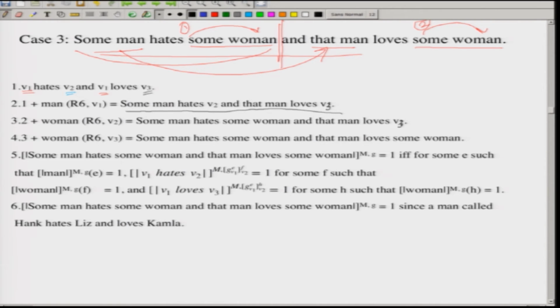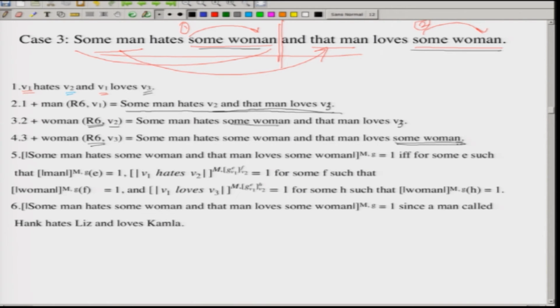I made many mistakes while typing, because I'm a very bad proofreader, and all these 1, 2, 3 are very confusing. So the first derivation is some man hates V2 and that man loves V3. They are not the same variable. The second is this some woman, where V2 gets some woman, that is another application of R6, and the third application of R6 will make this some woman.